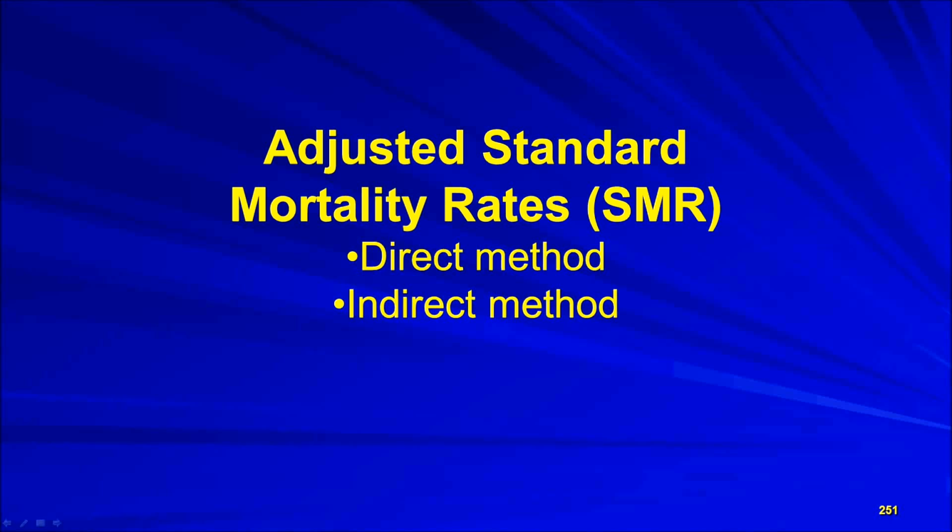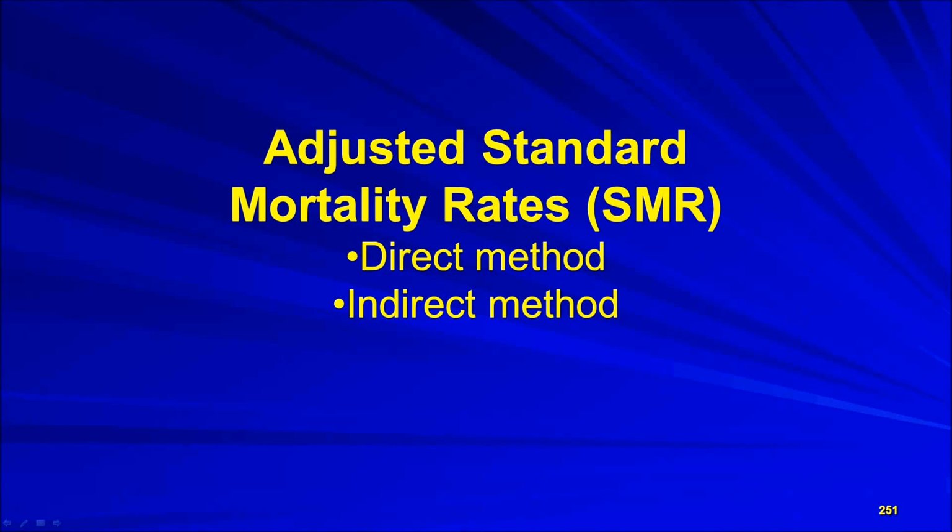Next, I wanted to let you know that these are probably the two most difficult epidemiological statistics that you will learn in this class. So I'll try and be succinct and to the point, and to make your learning as easy as possible. I also want to let you know that there are problems that I think it's important and necessary that you complete that will go with this chapter, and so you want to focus on the direct and indirect method of standardized mortality rates, or as they're known, SMR.